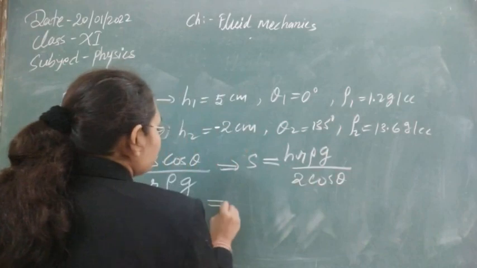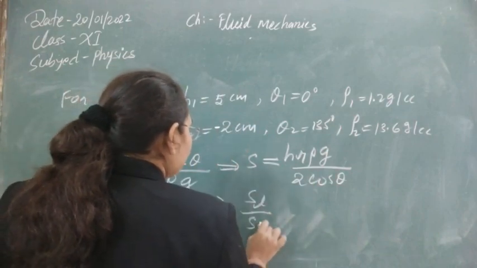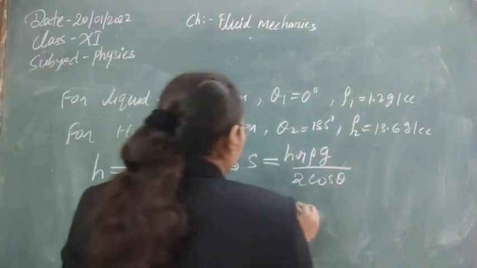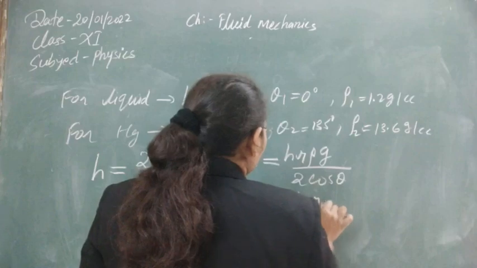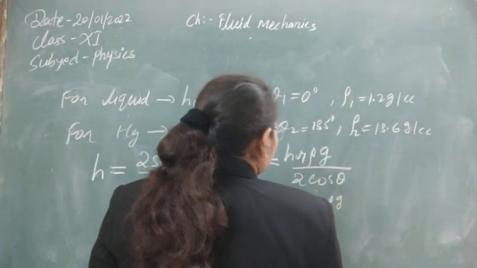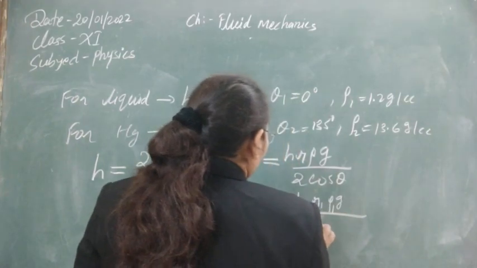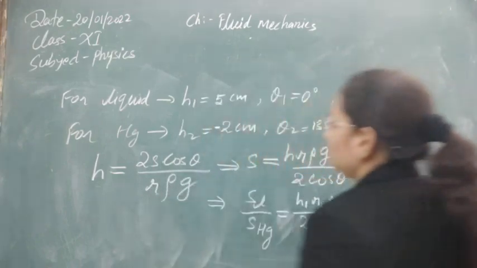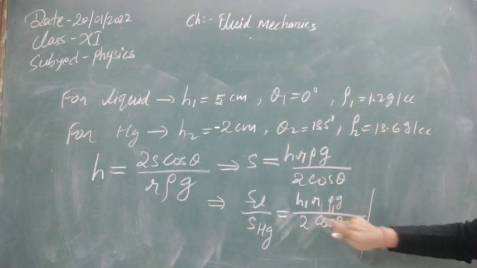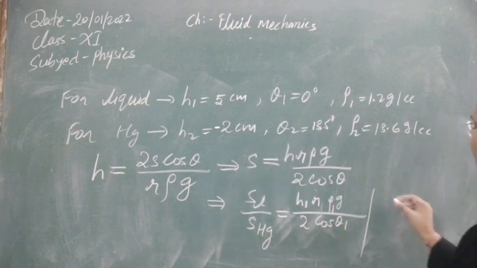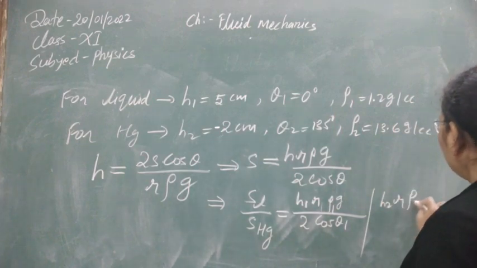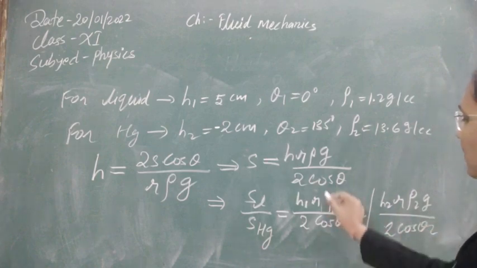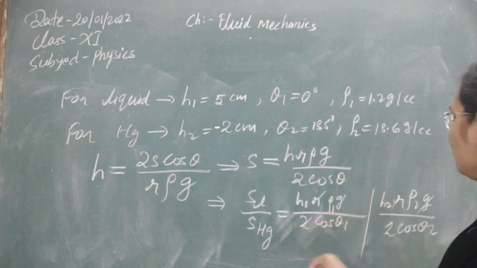For the first one, for liquid and for mercury, if we compare the surface tensions of both, then this formula is obtained: h1 r rho 1 g upon 2 times cos theta 1, divided by, and here one more thing, as the capillary tube is same, so r is same for both, h2 r rho 2 g divided by 2 times cos theta 2. So from here r will be cancelled out, g is cancelled out, 2 is cancelled out.